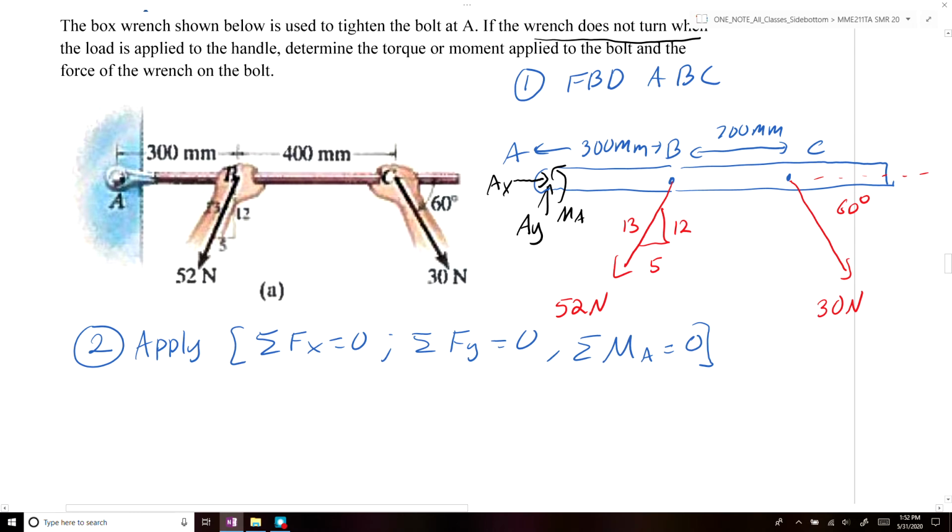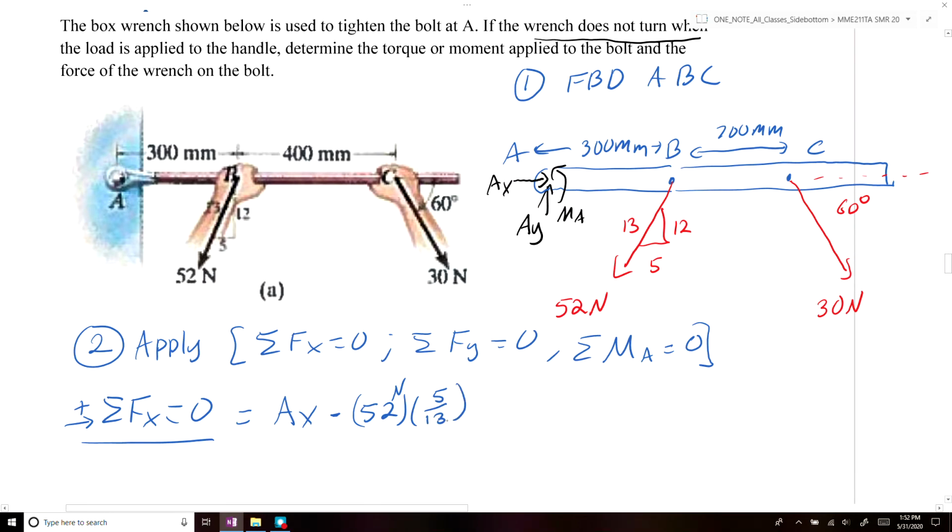All right. So let's start off with sum of the forces in x is equal to 0. All right, so in this case, we're just going to list all the forces that have an x component. So we'll have A of x. We'll have the force at point B. We'll have a force along the x-axis of 52 newtons times minus, the force at point B is going to go along the negative x-axis, or its x component is going to go along the negative x-axis, and it's going to be equal to 52 newtons times 5 over 13.